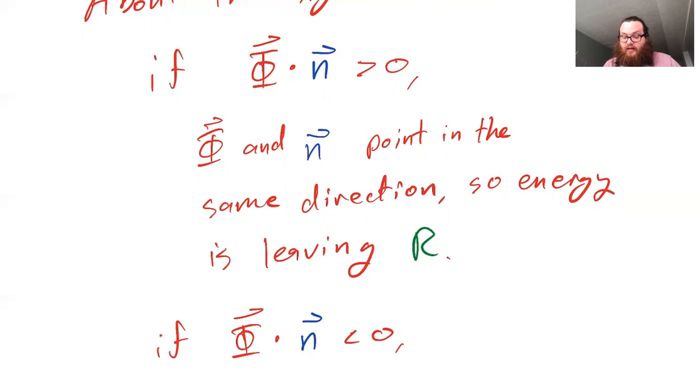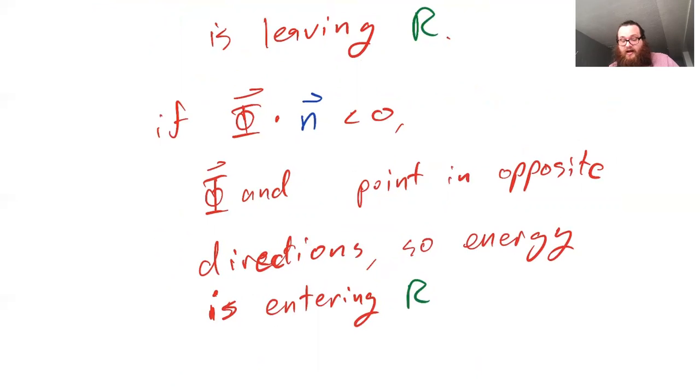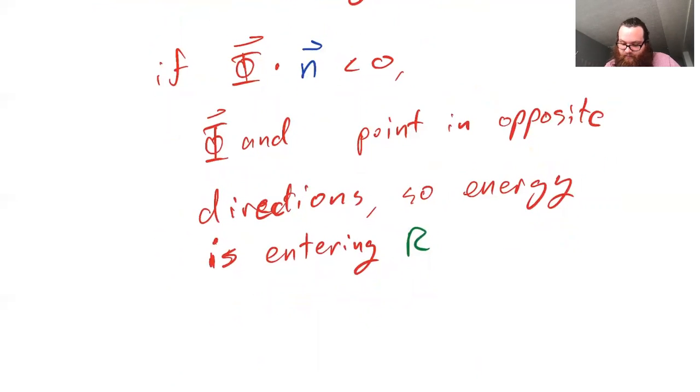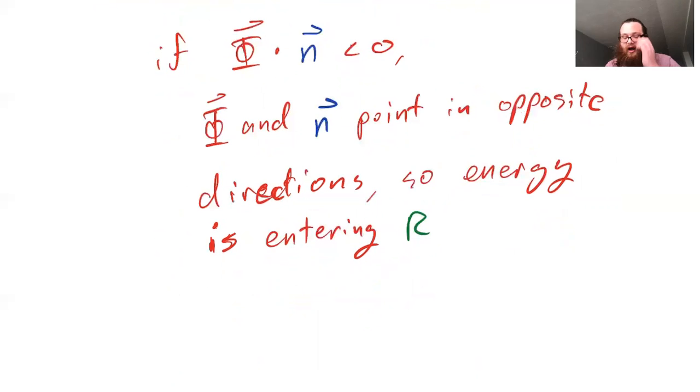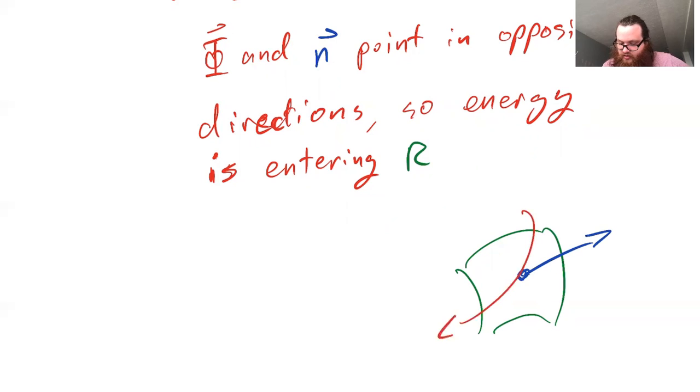Okay. Likewise, if phi dotted with n is negative, then phi and n point in opposite directions. So energy is entering R. As an illustration of that, suppose that's our region. This is our normal vector. And then maybe phi is something like that.